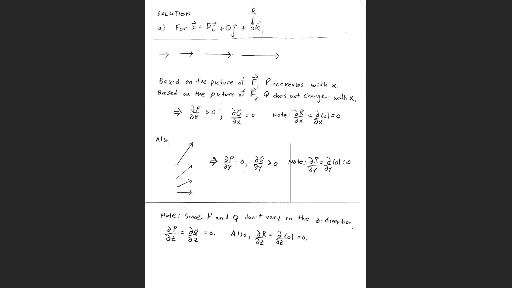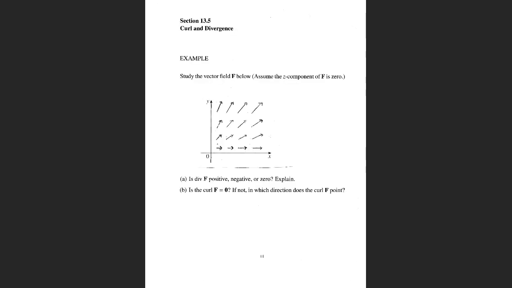This means, if we look at our vector field here, we're saying that the curl of the vector field is equal to 0.